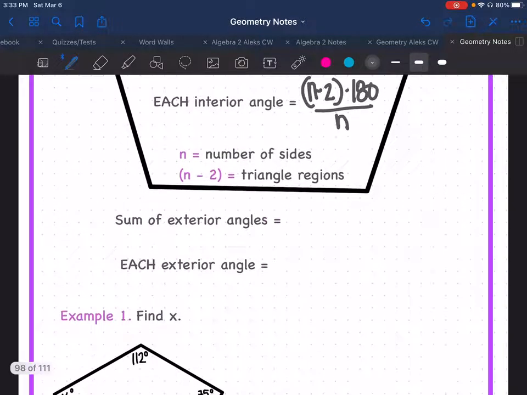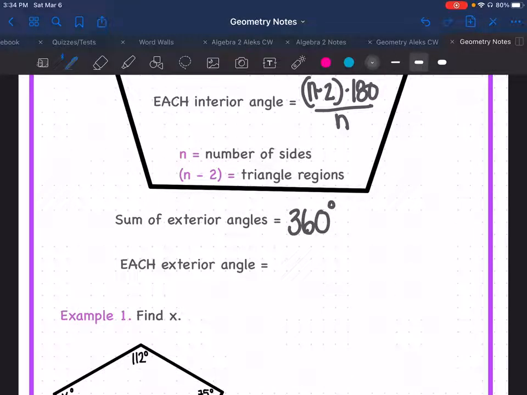The sum of my exterior angles for every single polygon that ever existed, from a triangle to a hundredgon, is 360 degrees because I'm going to go around that polygon in a circle. If I want to find each of my exterior angles, I'm simply going to take 360 and divide it by n, the number of sides.